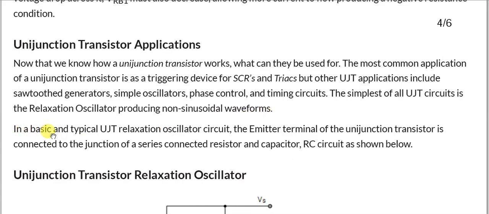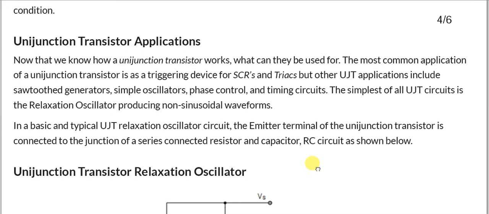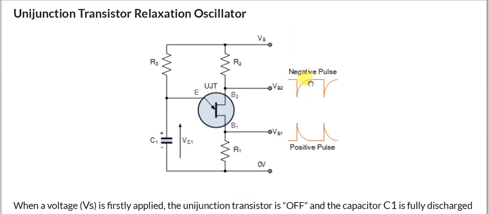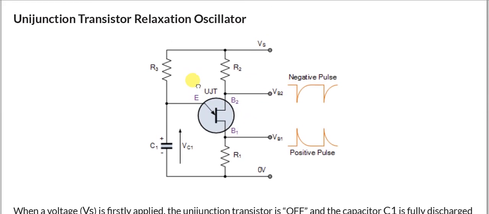In a basic and typical UJT relaxation oscillator circuit, the emitter terminal of the unijunction transistor is connected to the junction of a series connected resistor and capacitor RC circuit, as shown below. Although the application is not in your course, you can go through the basic construction and working mechanism of the unijunction transistor in your course.